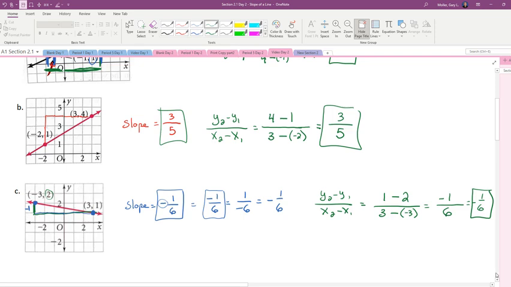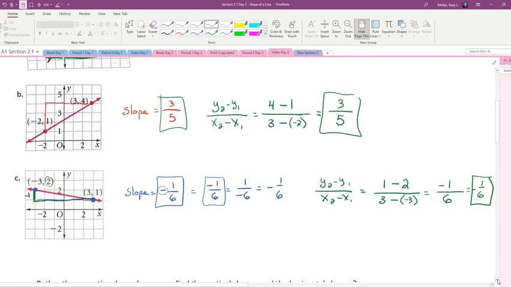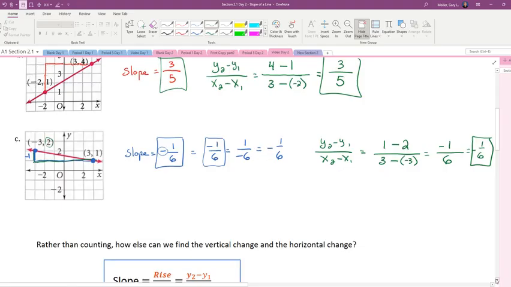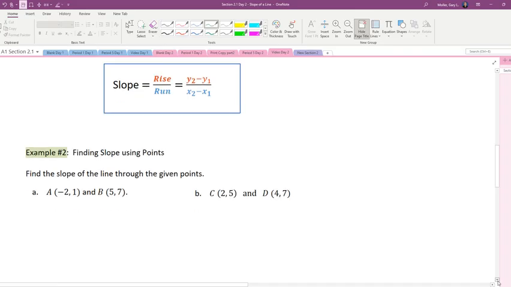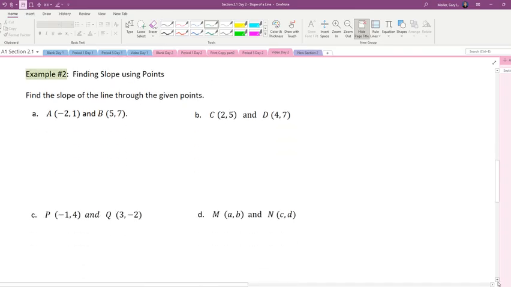All right. So what that means is we don't have to have a graph to answer these questions. So let's take a look at these 4 problems here. Find the slope of the line that goes through these given points. So I don't even need to worry about a graph.